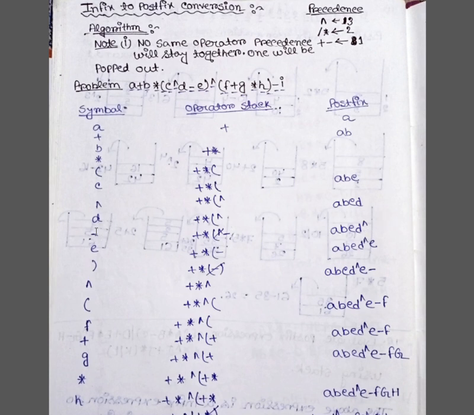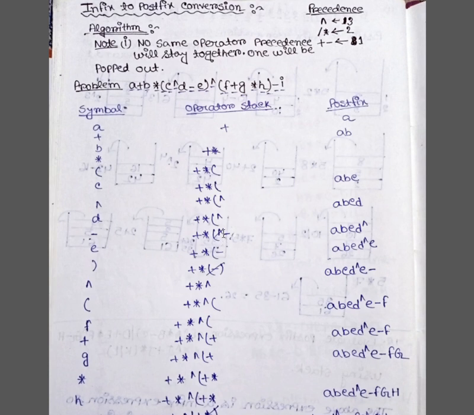When this minus came, then the precedence level condition broke. This minus is the lowest precedence level, so we should keep the lowest precedence level before the highest precedence level operators.